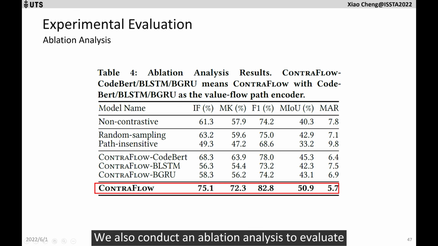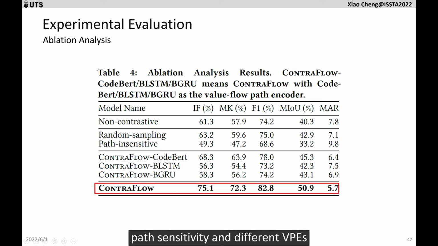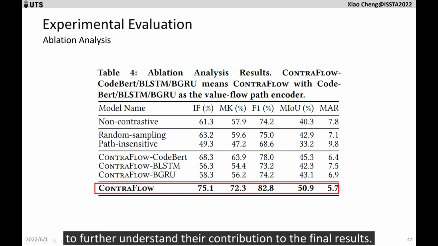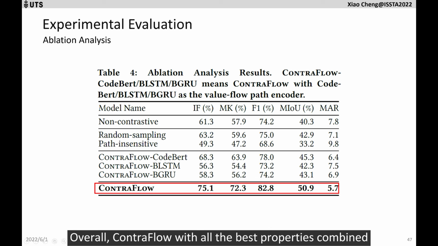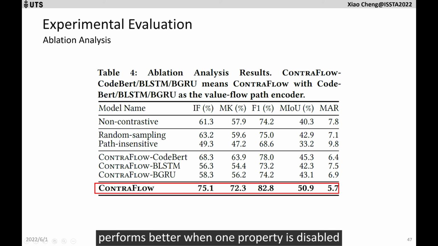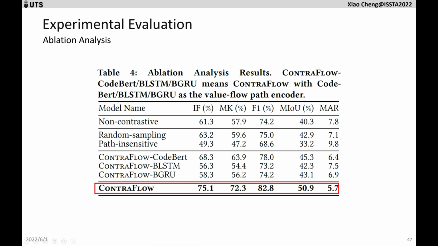We also conduct an ablation analysis to evaluate 4 important properties in ContraFlow, namely contrastive learning, path sampling, path sensitivity, and different VPEs, to further understand their contribution to the final results. Overall, ContraFlow with all the best properties combined performs better than when one property is disabled or replaced.